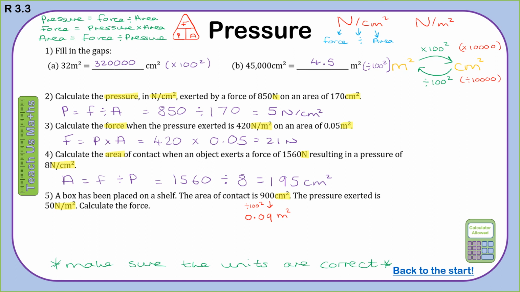I can work out my force by doing force is equal to pressure multiplied by area. The pressure is 50 newtons per metre squared. The area is 0.09 metres squared. So the force is 4.5 newtons.